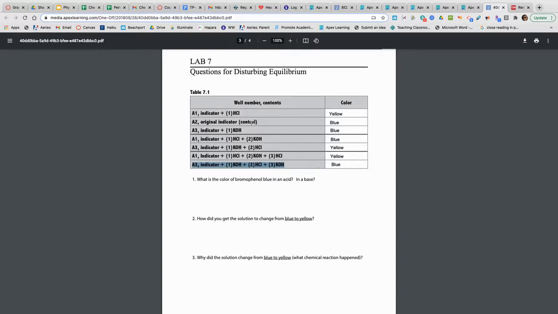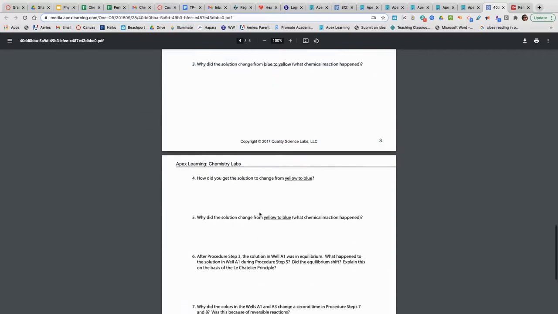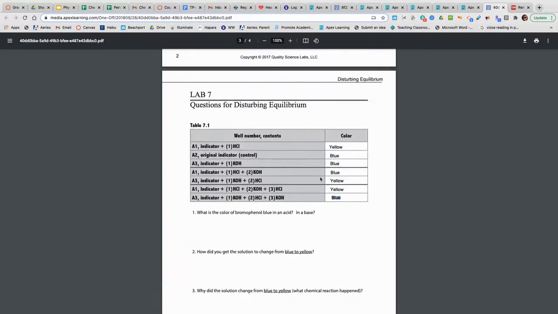So you can see KOH was blue, turned yellow, and then turned blue again. That's an equilibrium shift. You're going to be answering these questions based on this shifting equilibrium back and forth.